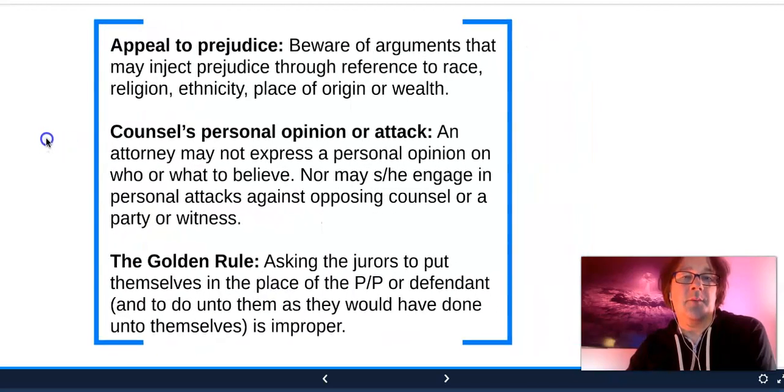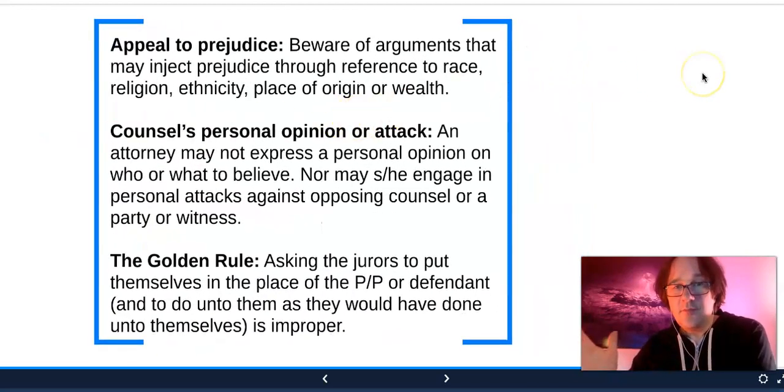Okay, so appeal to prejudice is another objection. Beware of arguments that may inject prejudice through references to a person's race or religion or ethnicity or anything that might try to inject prejudice into the argument. Another objection is counsel's personal opinion or attack.